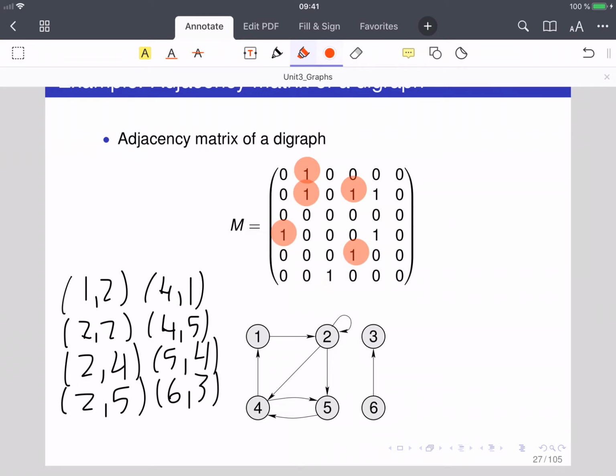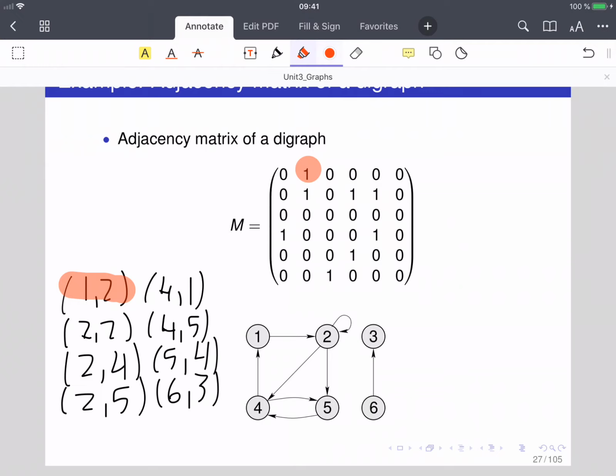Okay, in this case, notice that this one here comes from edge 1, 2. We are in row 1, column 2. This is an element that corresponds to the edge that goes from vertex 1 to vertex 2.